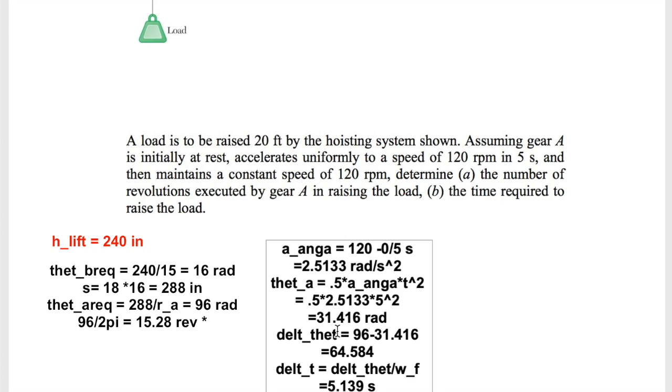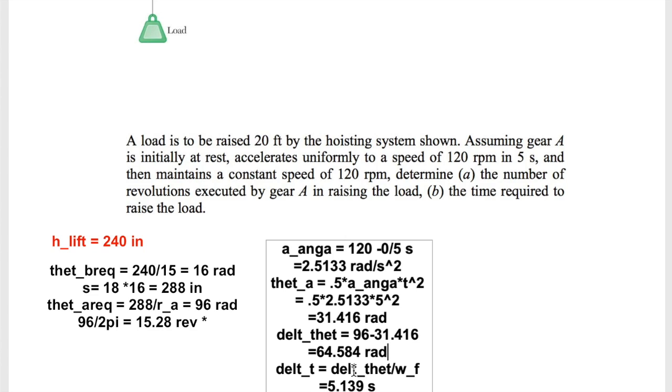Once it has the load all the way up, we know the final position is 96 radians, so we subtract the sum we used and we get 64.584 radians is the additional movement up.